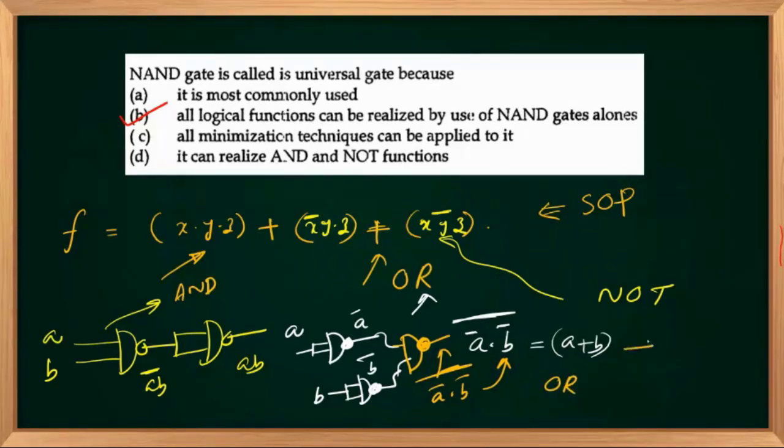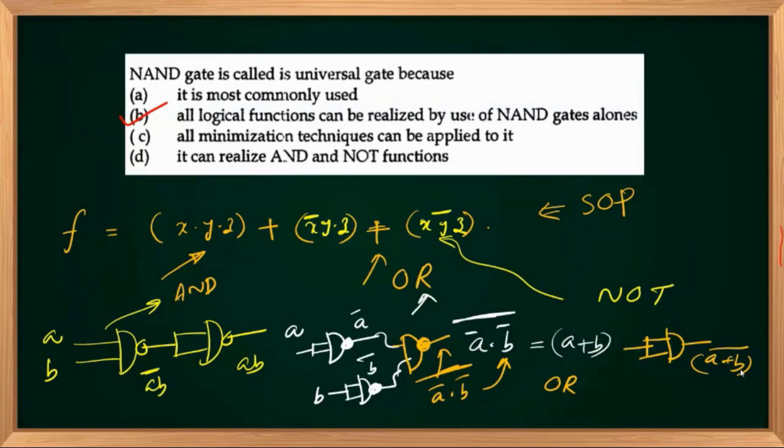To get a NOR, I have to use another NOT operation. How to get the NOT operation? If you give A or B with inputs shorted together, you will get the complement. So OR operation, NOT operation, AND operations, all these can be implemented using NAND gates.